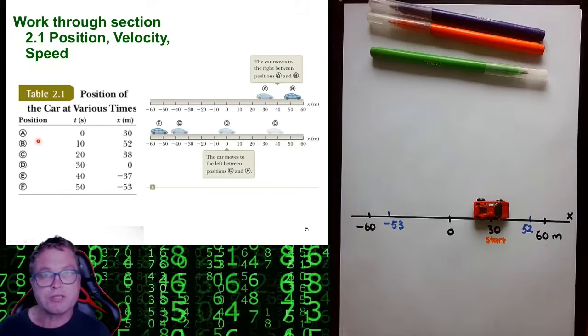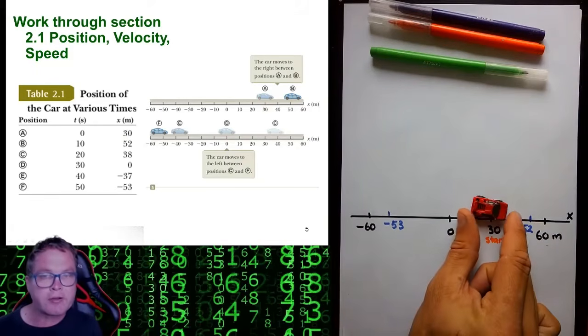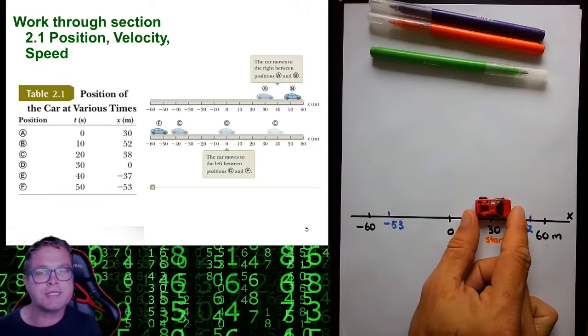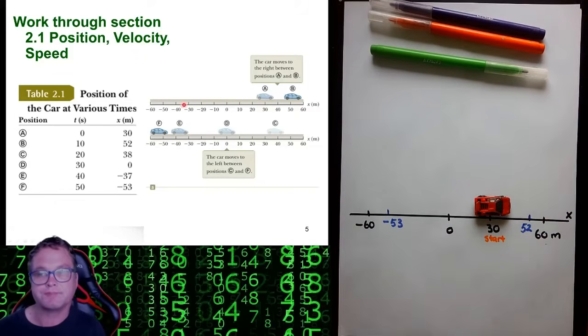So if we look at the starting position at time t equals 0, that would be when you start your stopwatch, the car would find itself at position x equals 30 meters. So in the drawing, the car is over there at 30 meters. My little car here, I have it at a 30 meters starting position.